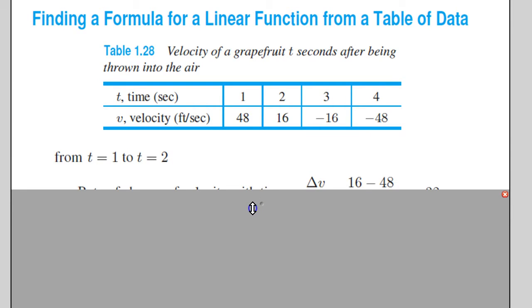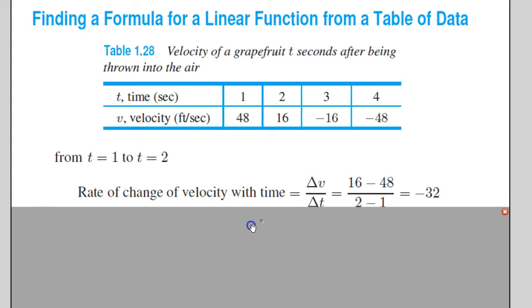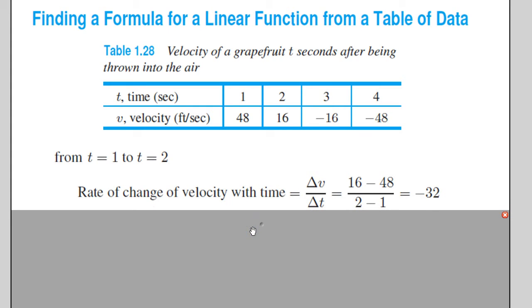The change in velocity with respect to time would be the difference between 16 feet per second and 48 feet per second, and then of course the change in time is just 2 seconds minus 1 second, so we get negative 32.